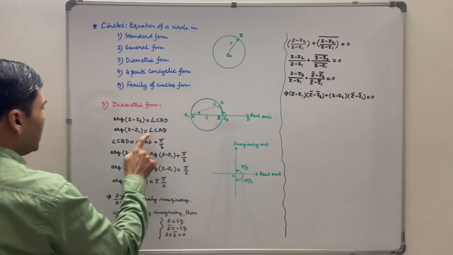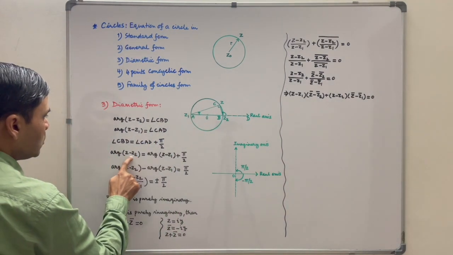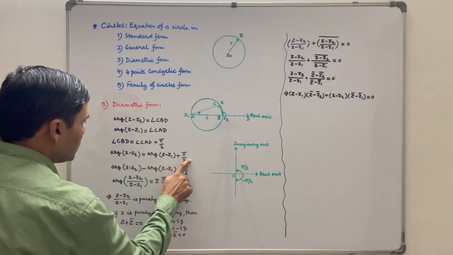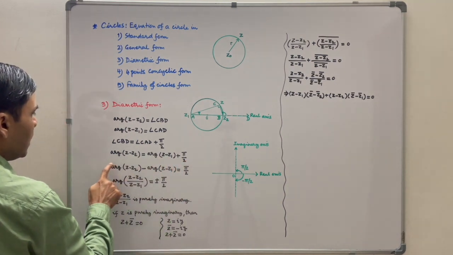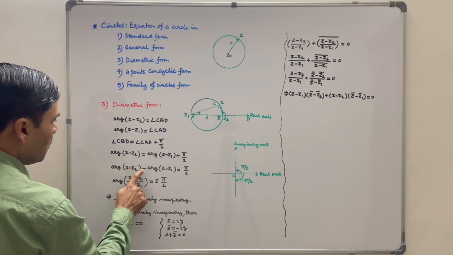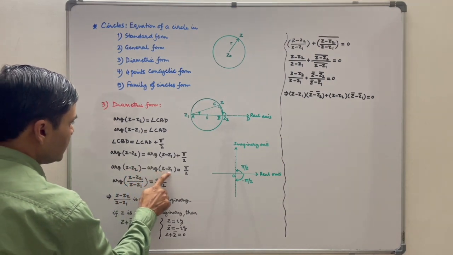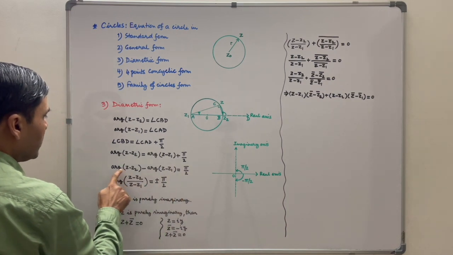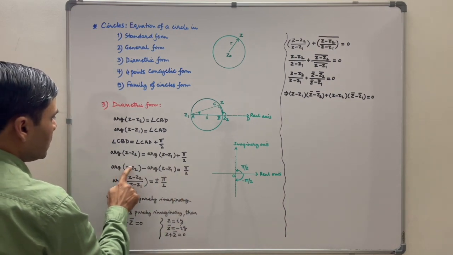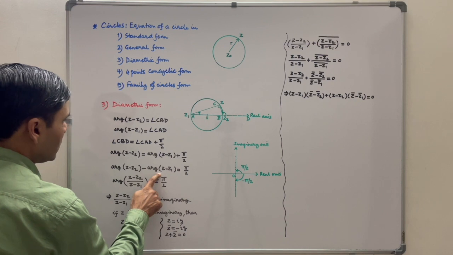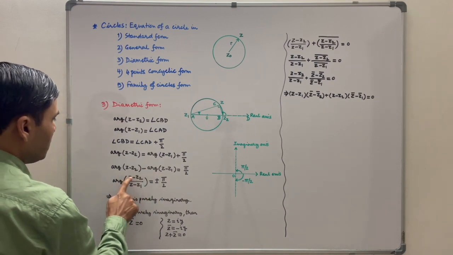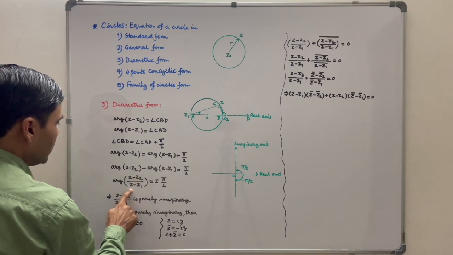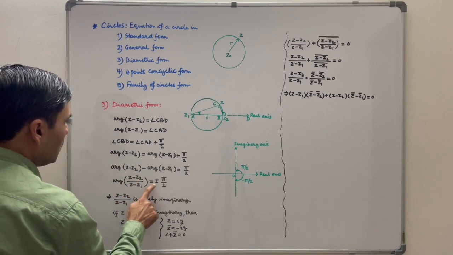So we can write argument of Z minus Z2 is equal to argument of Z minus Z1 plus pi by 2. Or we can say argument of Z minus Z2 minus argument of Z minus Z1 is equal to pi by 2. Using the argument property, argument of Z1 minus argument of Z2 is equal to argument of Z1 by Z2. So argument of (Z minus Z2) upon (Z minus Z1) is equal to pi by 2.